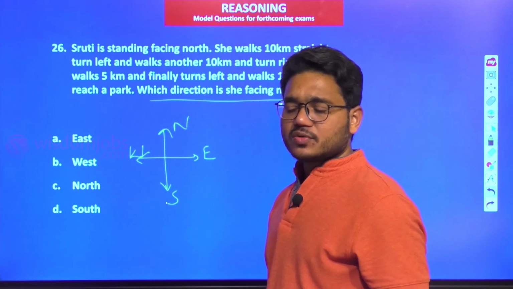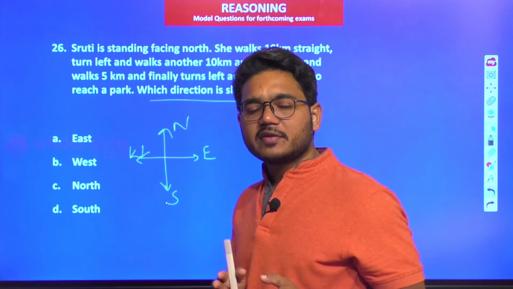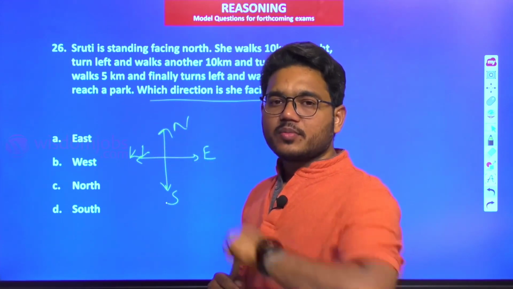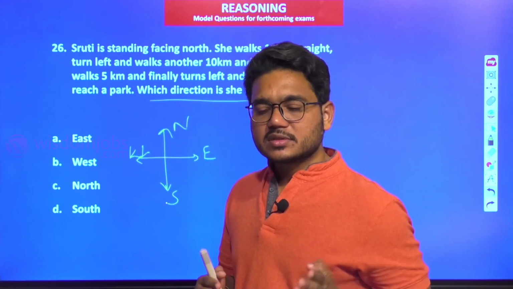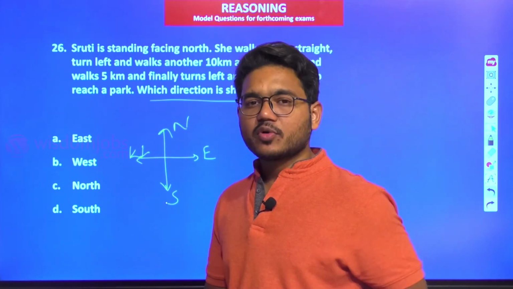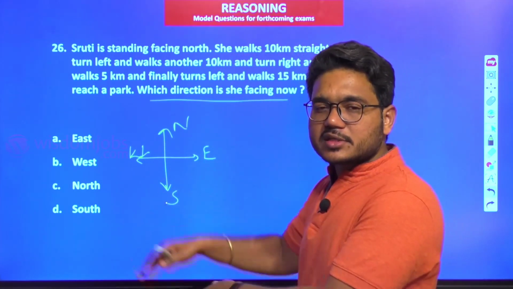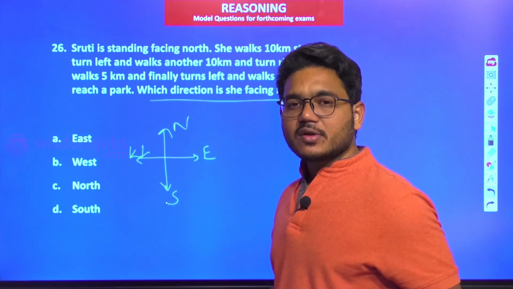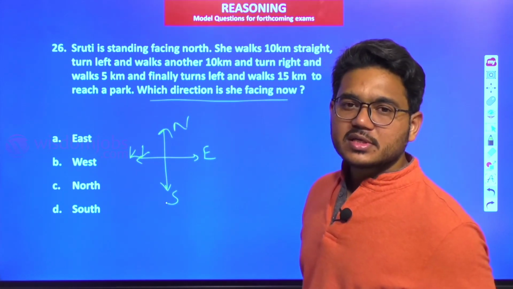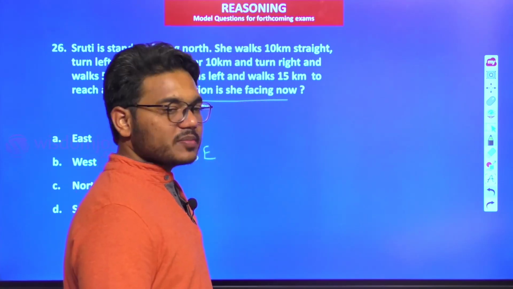Nothing is mentioned about angular movement or her crossing diagonally. Sometimes in some models you could identify diagonals also. Here all the straight paths are given, so it is easy to solve. You need not put the numbers also here.